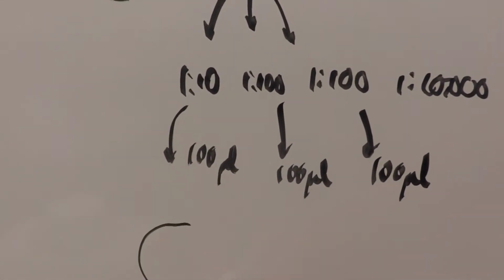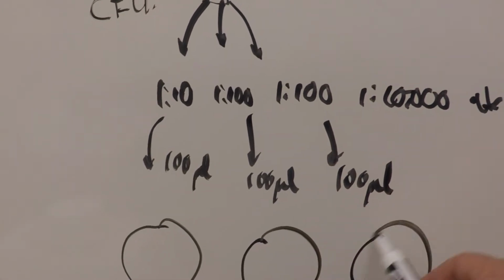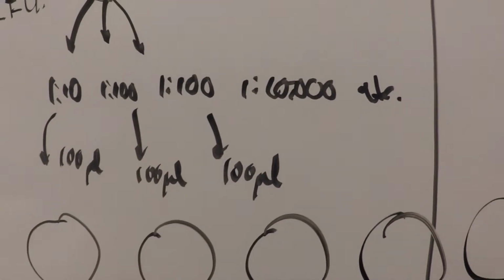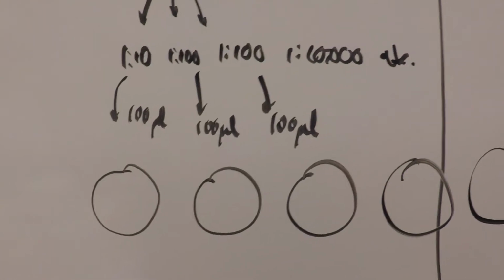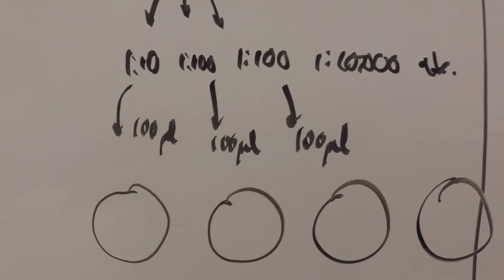And so you have a plate here, a plate here, a plate here, a plate here, a plate here, okay? So this guy is the 1 to 10.